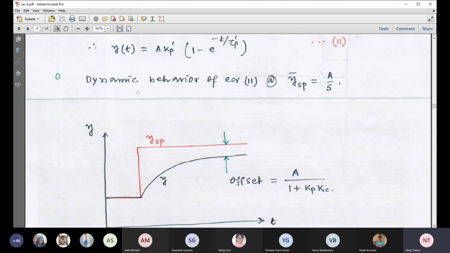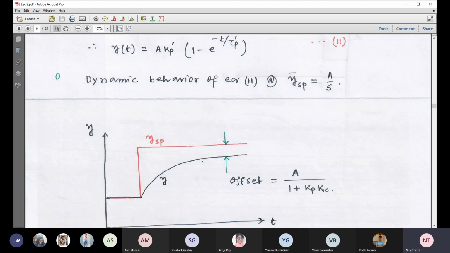Fine. If we solve equation 11 and plot, it looks like this. Okay, it is a first order response. You just recall, it is a first order response. So this is the Y profile.